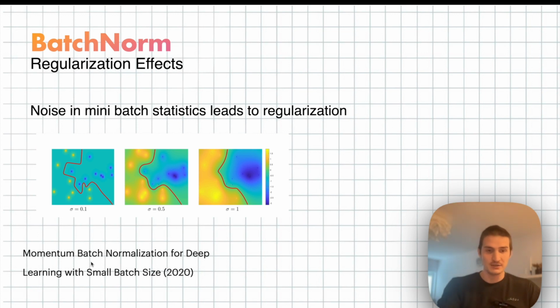And there is an interesting paper in 2020 that actually proposed the momentum batch normalization that we'll talk about on the next slide, that also studied a bit deeper this regularization effect of the batch norm.